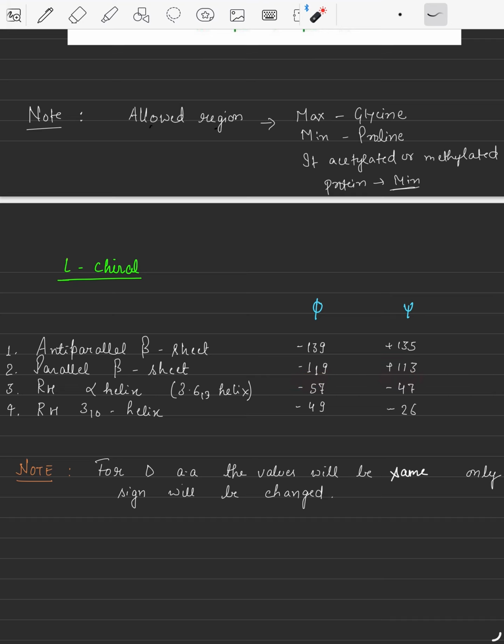For the right-handed alpha helix, 3.6 13, the values are minus 57 and minus 47. For the 3 10 helix, the values are minus 49 and minus 26. Lastly, one more important point: for D amino acid the values will be the same, only the sign will be changed. So this is a point to remember.